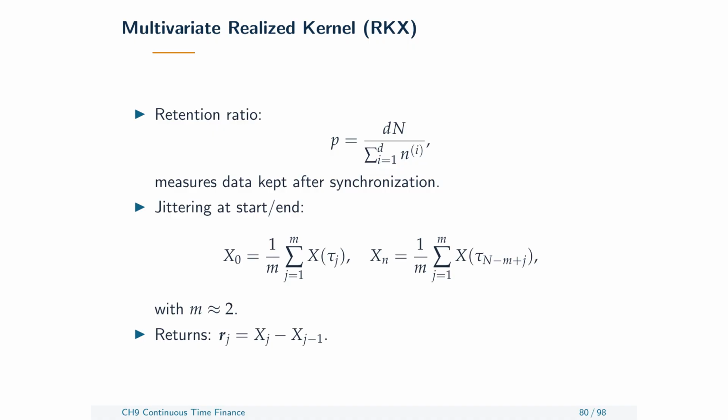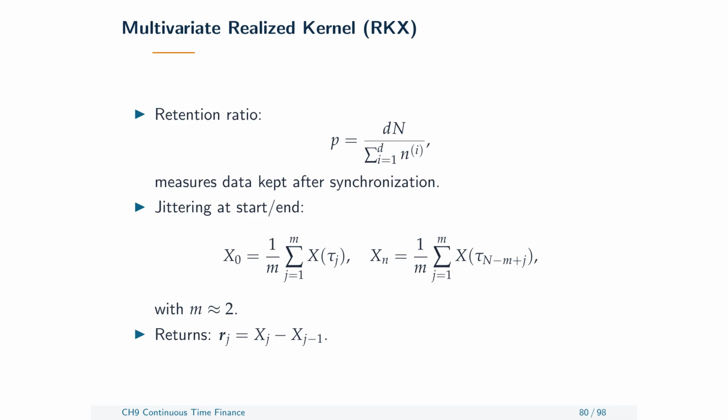The estimator combines realized autocovariance matrices across positive and negative lags with weights supplied by a kernel. The kernel equals 1 at lag 0, changes smoothly, and is chosen so its frequency representation supports a positive semi-definite covariance estimate.